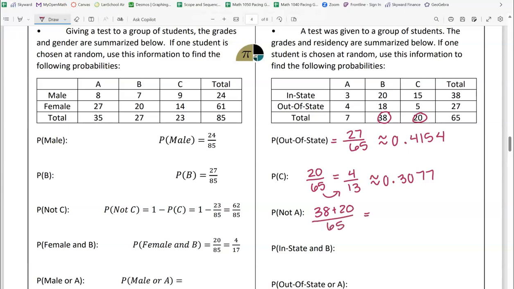Another way you could do it is think, well, 7 people got an A, so you could do 65 minus 7 to get rid of those 7 people who got an A. Either way, you should get 58 over 65, which I don't think is going to simplify. Let me double check. Yeah, no, that doesn't simplify. So that would be your fraction, and then your decimal would be 0.8923.